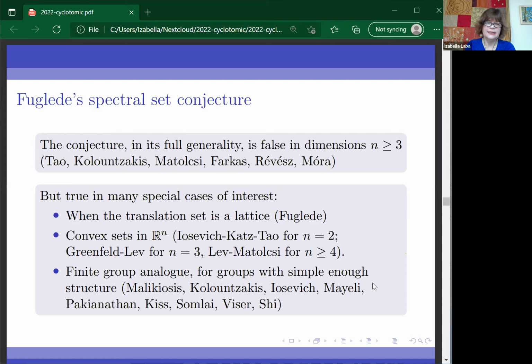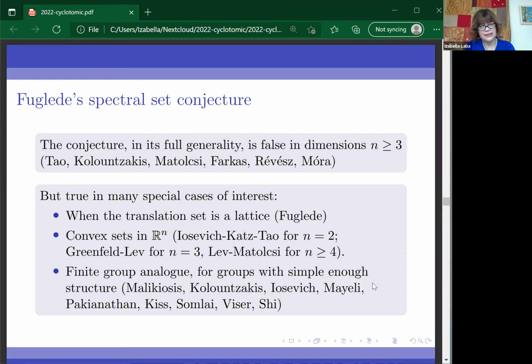It's true when we look at convex sets in 2 dimensions. That was proved by Iosevich, Katz, and Tao 20 years ago, and then the proof for higher n was given only very recently by Greenfeld and Lev in 3 dimensions, and then Lev and Matolcsi for higher n.